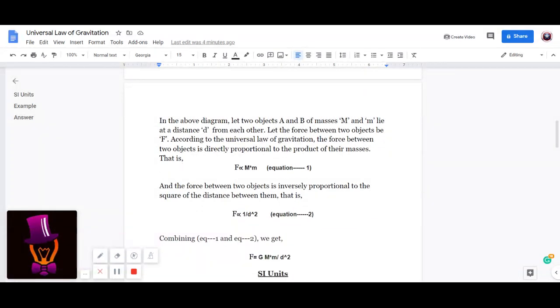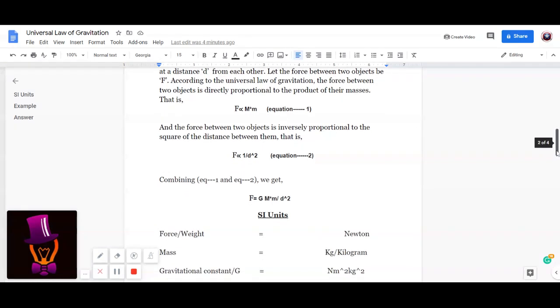The force between the two objects is inversely proportional to the square of the distance between them. That is, F is inversely proportional to 1 by d square. So if the value of F increases, the value of 1 by d square decreases, whereas if the value of F decreases, it will increase for 1 by d square. That is the meaning of directly proportional and inversely proportional respectively.